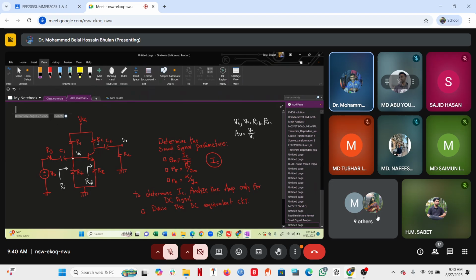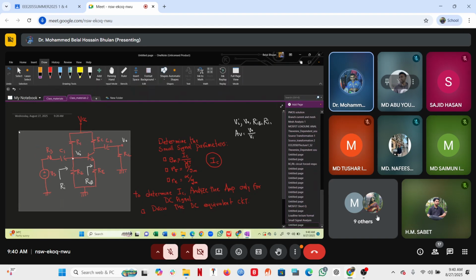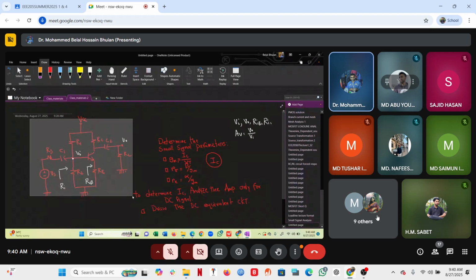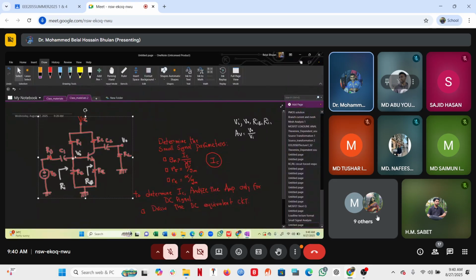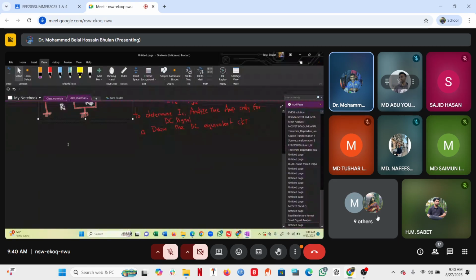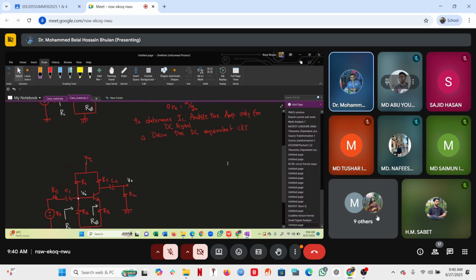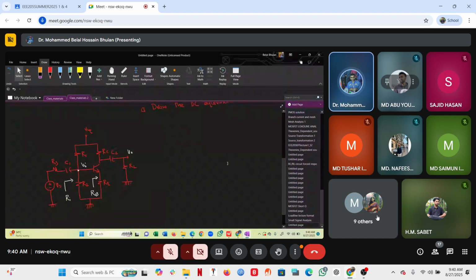Now, we learned last class that for a DC signal, the capacitors are open.